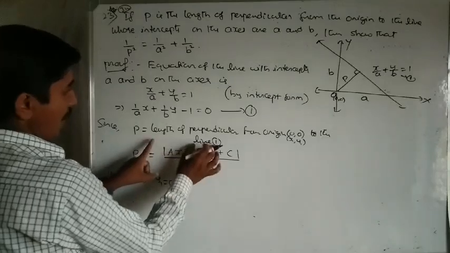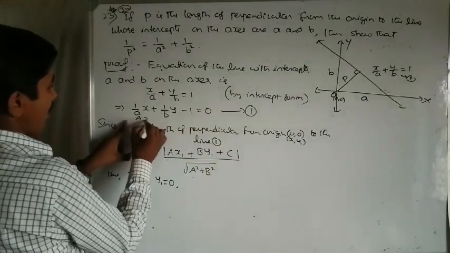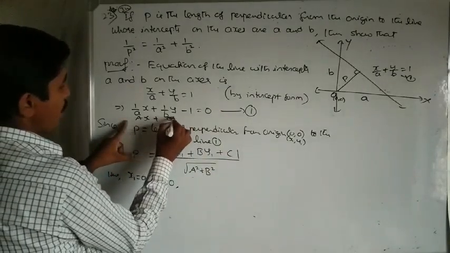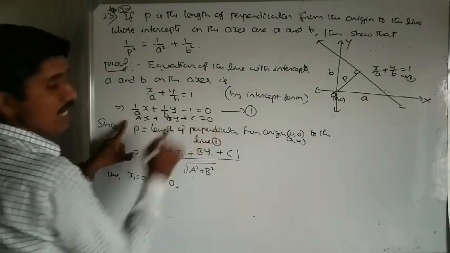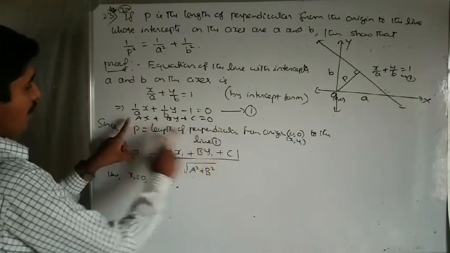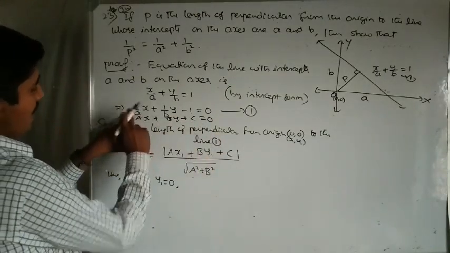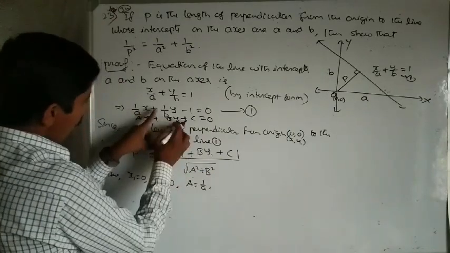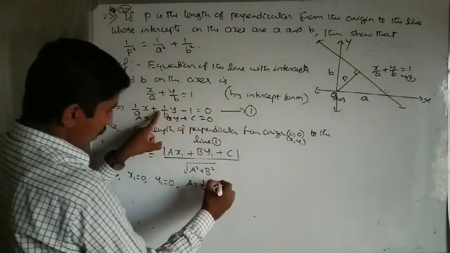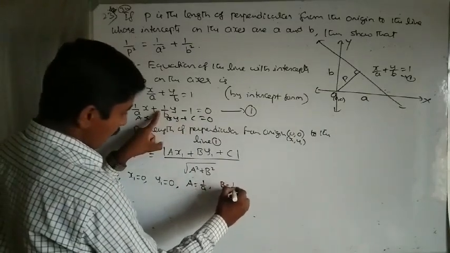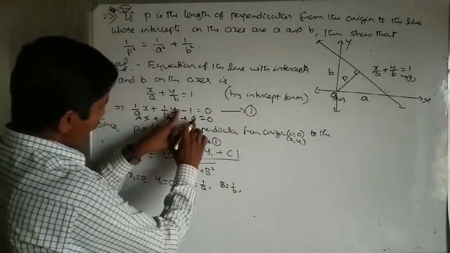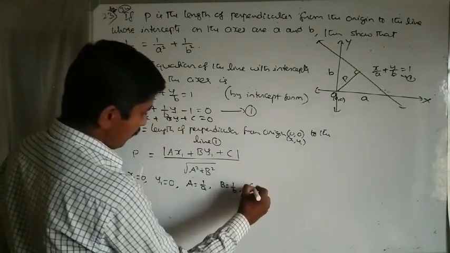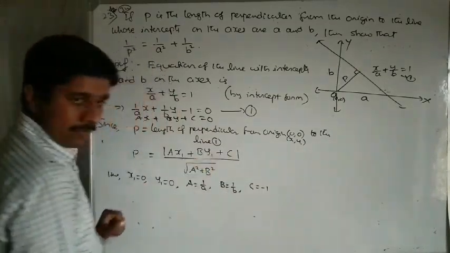Next, compare line 1 with the general equation ax plus by plus c is equal to 0. The x coefficient: capital A is equal to 1 by a. The y coefficient: capital B is equal to 1 by b. And c is equal to minus 1.